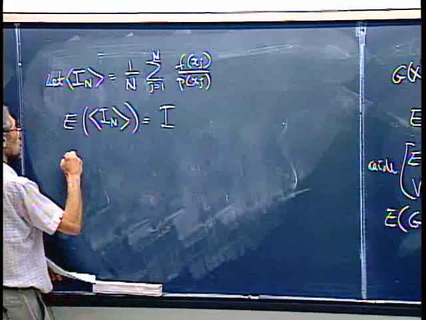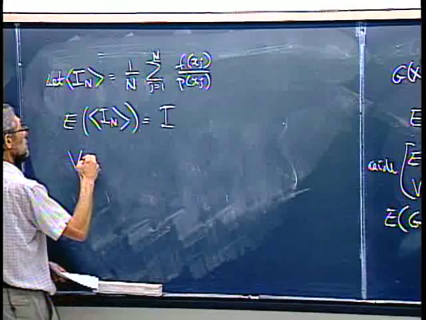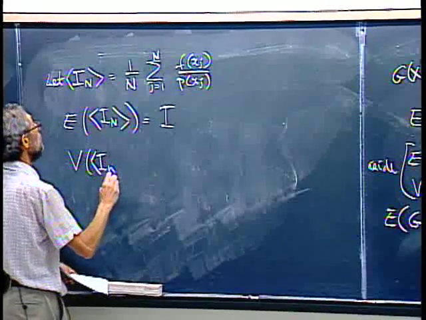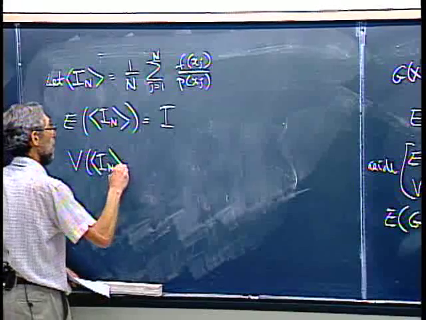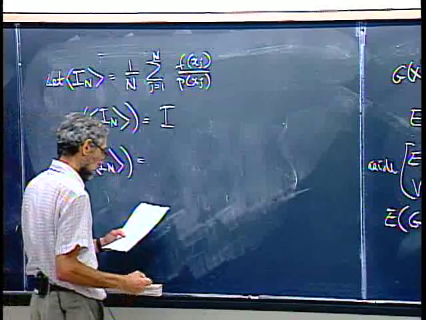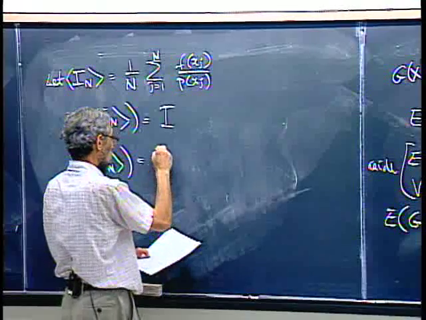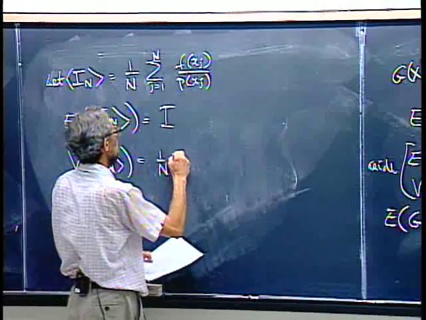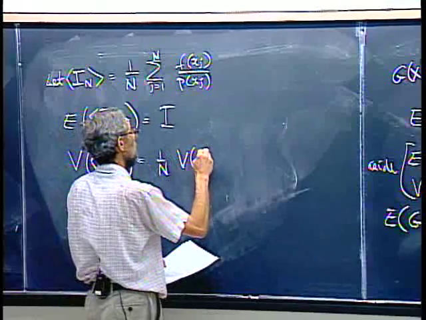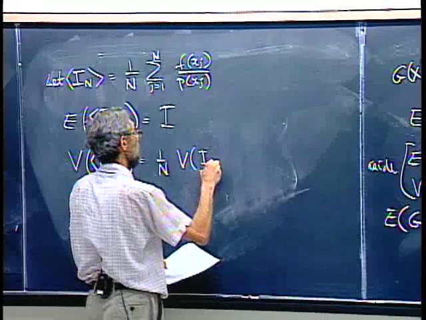But now the variance of this estimate, it should have been capital N, is 1 over n times the variance of one estimate.